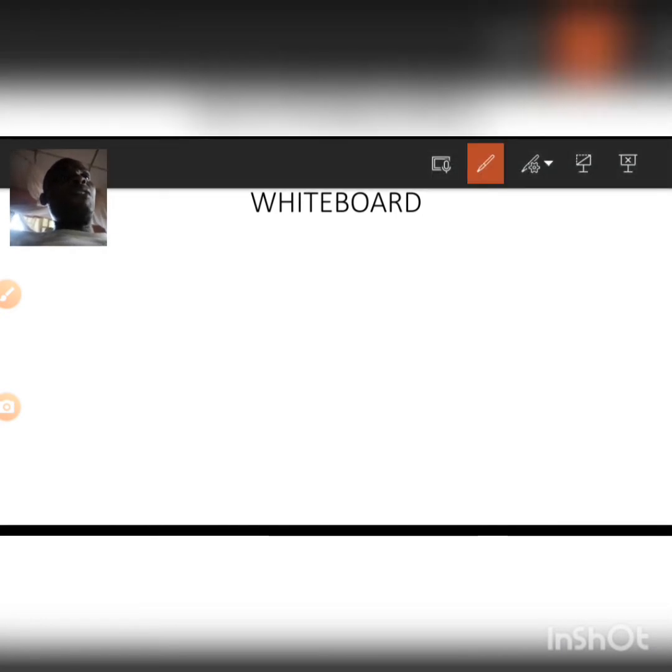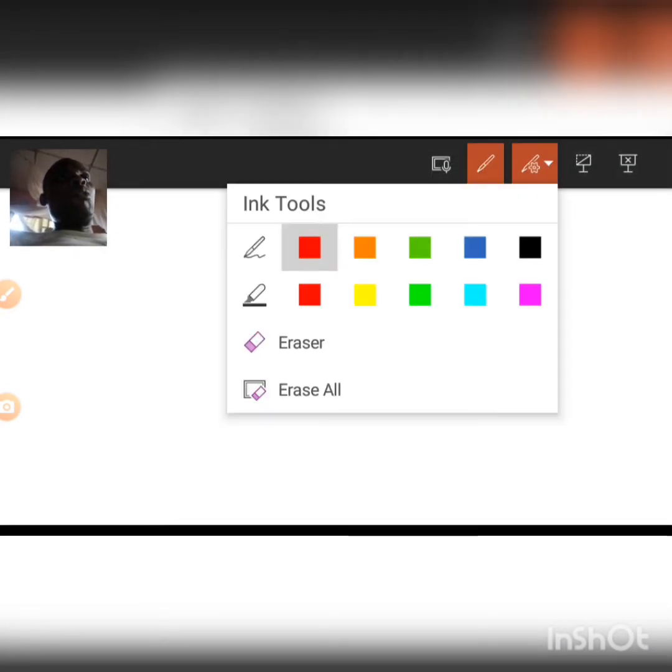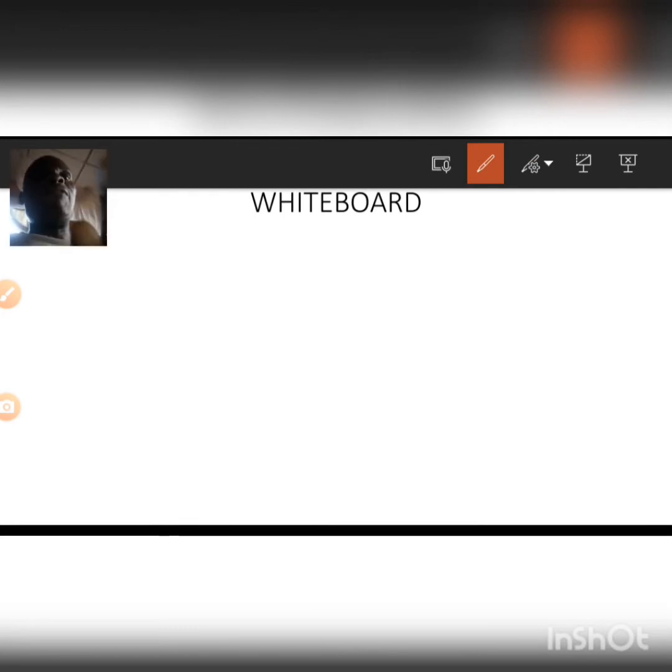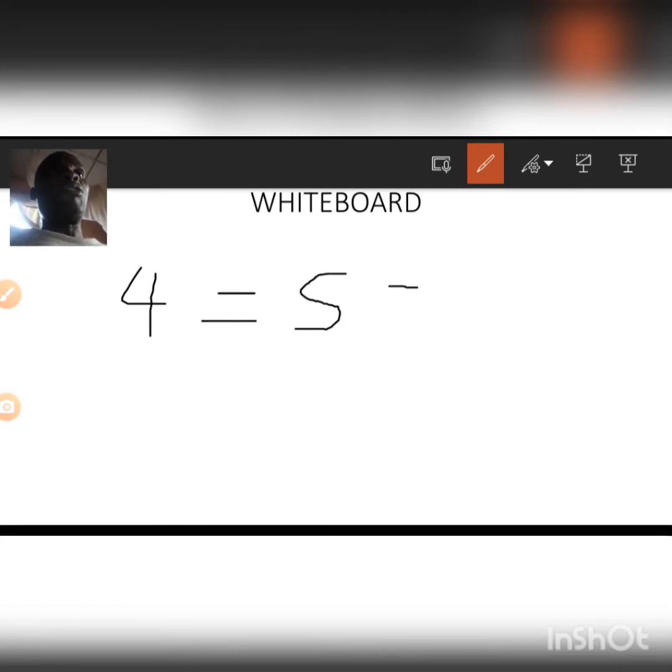If we want to look at the value of 4, we know 4 is 5 minus 1. So that is going to be V minus I.